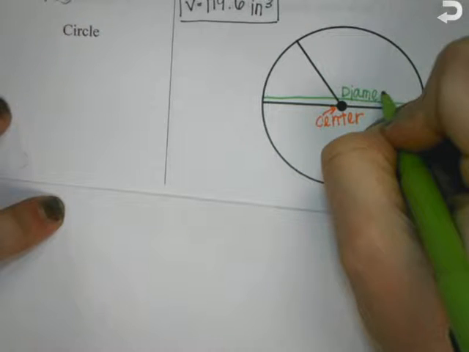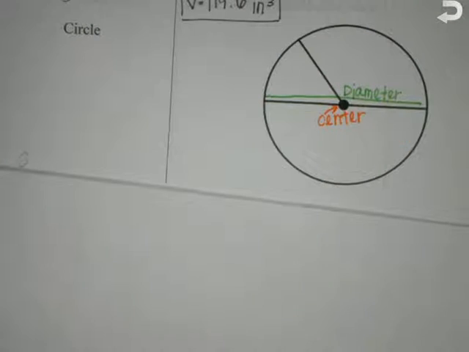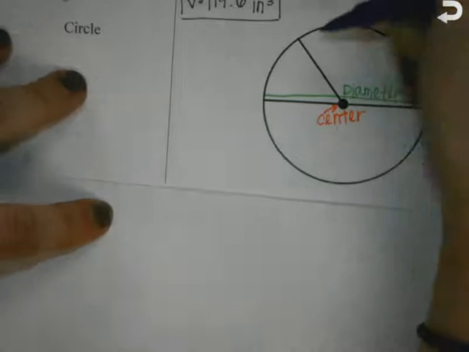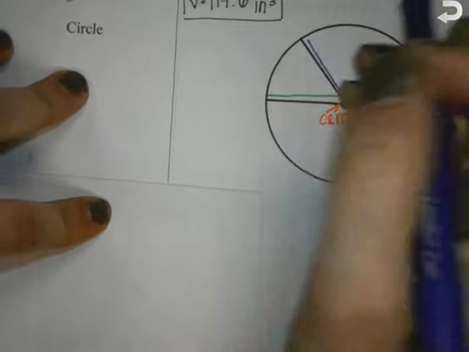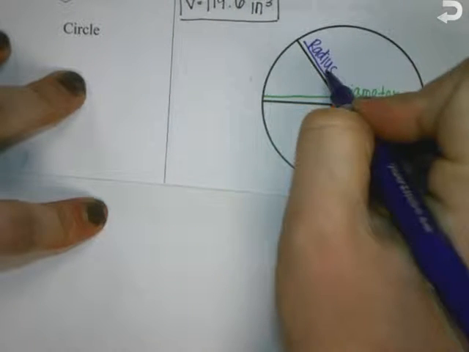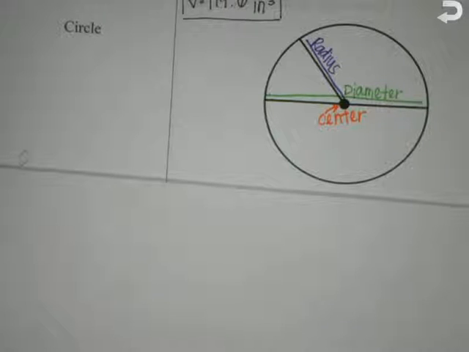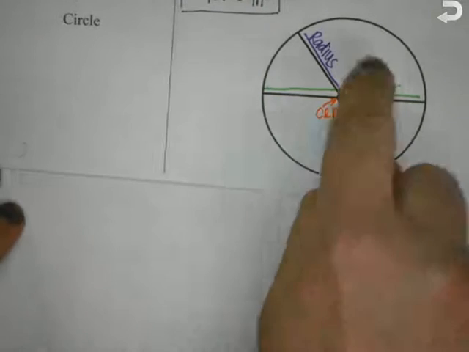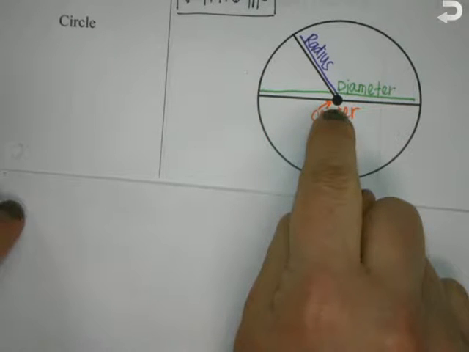So this part is the radius. Radius is always exactly half of the diameter. And remember, both of those go through the center always. And then what is the entire distance around the circle called? Good job, circumference.